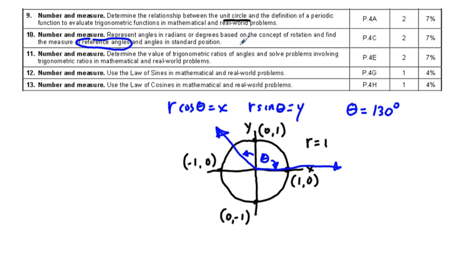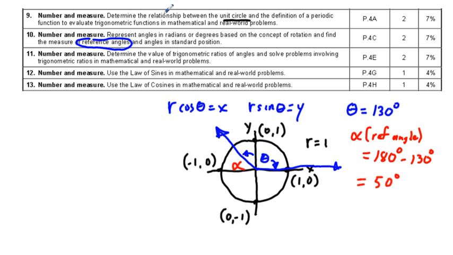Well, our reference angle is the angle that is the smallest to the x-axis. So if we go straight between this angle and the x-axis, we're going to have alpha, which is the reference angle, equal to 180 degrees minus 130 degrees. Depending on which quadrant you're in, you have different rules.